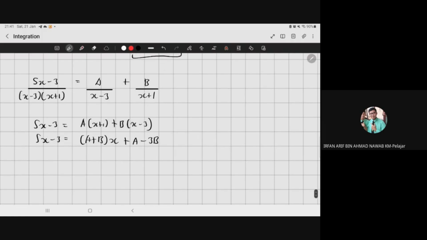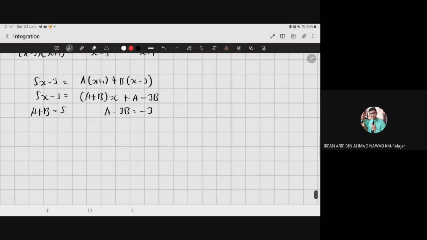So from here, you can compare the like terms. So A plus B is equal to 5, and A minus 3B is equal to negative 3, no problem. So how do we solve from here? Now, simultaneous equations could be used.